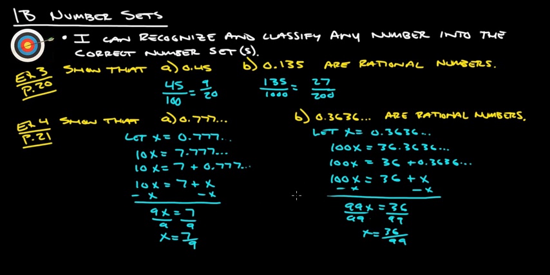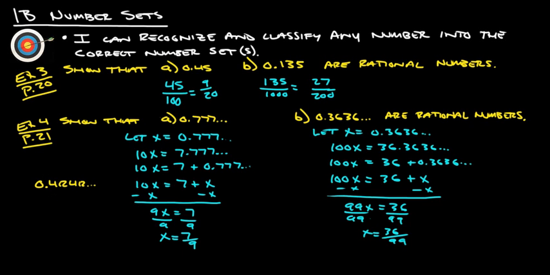Hopefully you can look at this and figure out the pattern. There's one repeating number, and it ended up being that repeating number over 9. There are two repeating numbers, and it ended up being those two repeating numbers over 99. So hopefully you can make the jump if they gave us an example of, say, 0.412412 repeating.